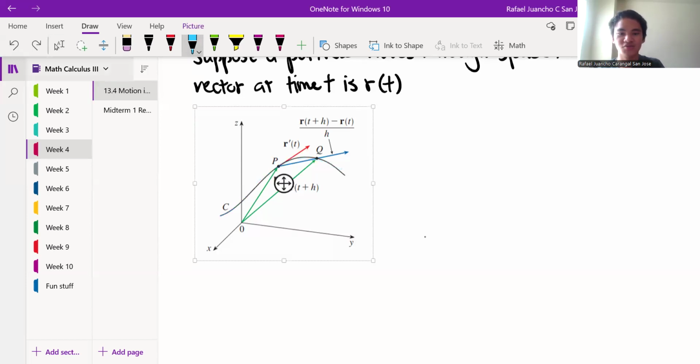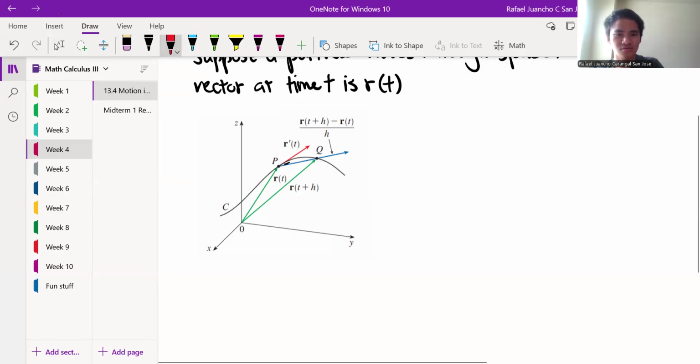So that's the trajectory or the path at which the particle is moving. It seems like the particle is moving in one direction along it. And then here we have a vector r of t.